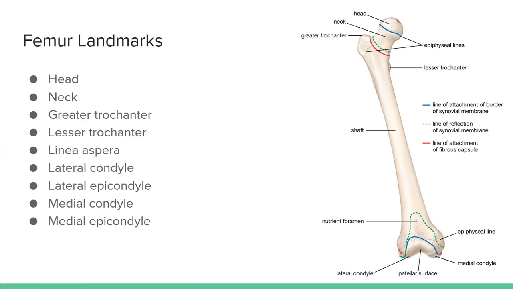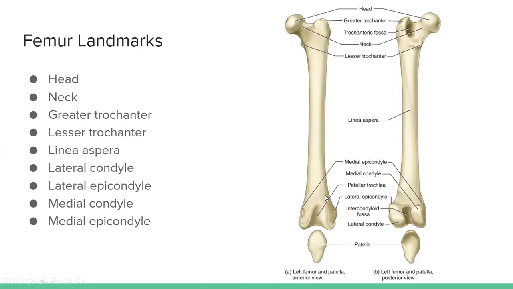And then the linea aspera is also on that posterior side. If you go to the next slide, it goes straight across the shaft right there. And also on the side, you can see the medial epicondyle, that ridgy area on that left side, or on that left picture.